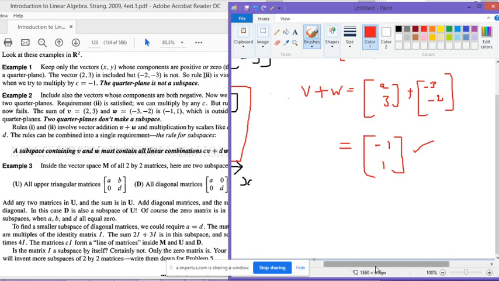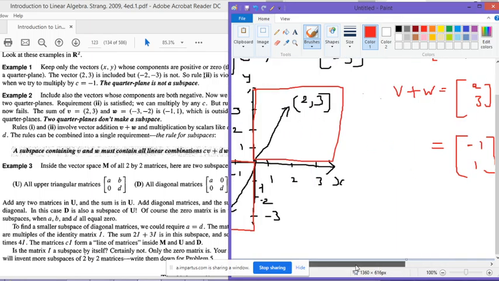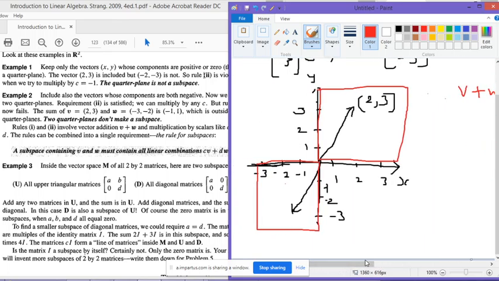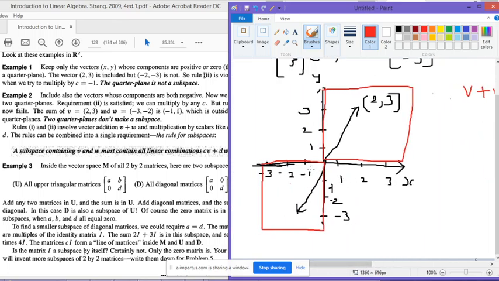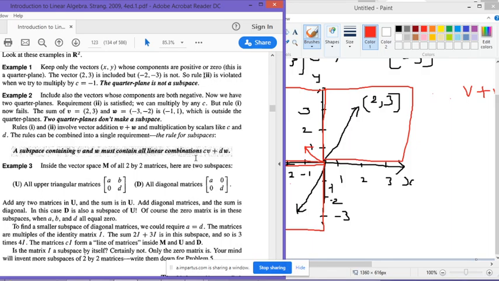To make this rule satisfied, I have to include one more vector space here. This -1 and 1 will fall in the second quadrant. So I have to consider this quadrant as well. This is just a simple example to help you understand.